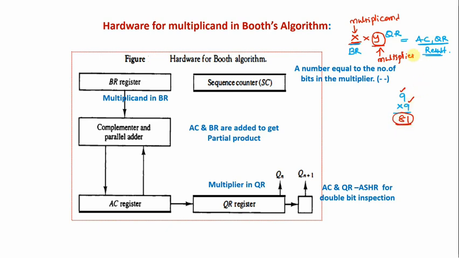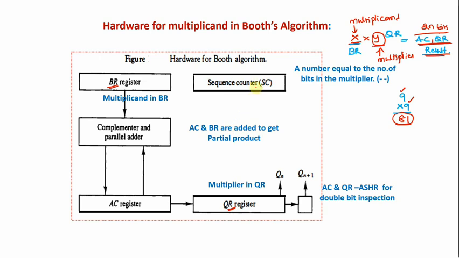It means that when two n-bit numbers are multiplied, you may expect a maximum value of 2n bits. 2n bits means the AC and QR registers both are required to store the result. Now look at the multiplicand in the BR register, the multiplier in the QR register, and the result together in the AC and QR registers.